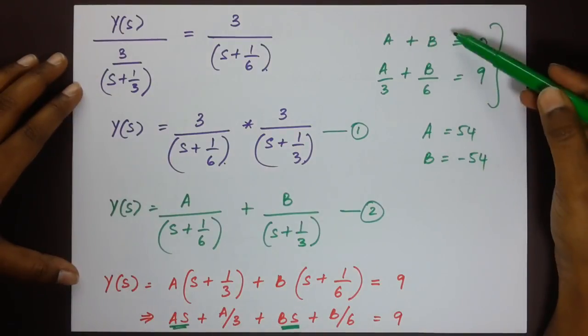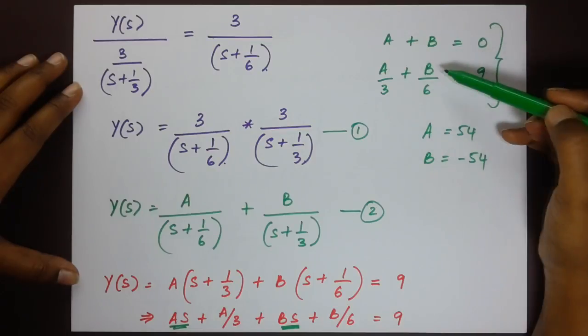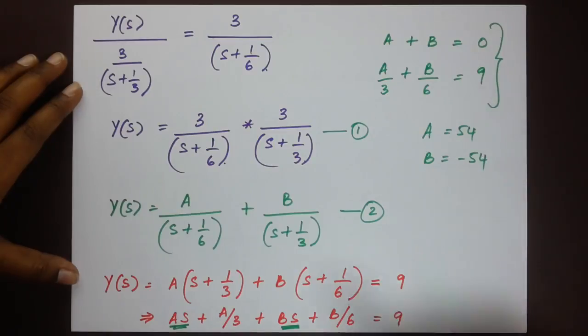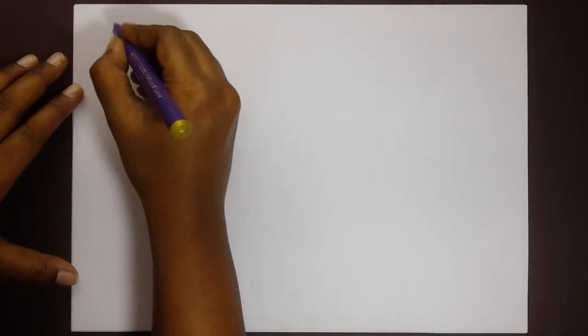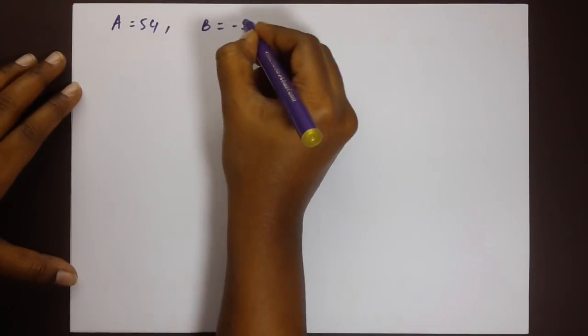So we have two linear equations in two variables. Solve for A and B. You will find that A is equal to 54, B is equal to minus 54. So we substitute the values of A and B in equation 2. A is 54, B is minus 54.